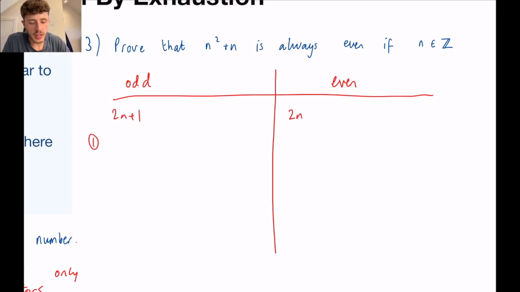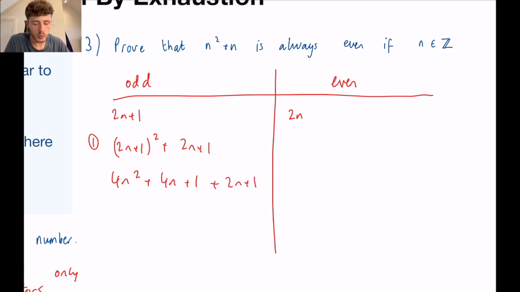So if we imagine case 1, if we substitute 2n plus 1 everywhere that we see n in the expression, we're going to have 2n plus 1 squared plus 2n plus 1. And if we expand out that bracket, we're going to get 4n squared plus 4n plus 1, and then plus the 2n plus 1. And this is going to give us 4n squared plus 6n plus 2.